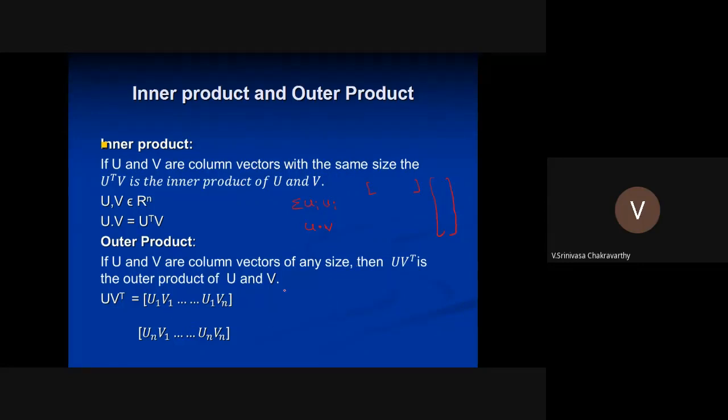So for example, if you have a vector U as, say, 1, 2, 3, and let's say V is also the same. U transpose V is 1 square plus 2 square plus 3 square, which is a scalar.